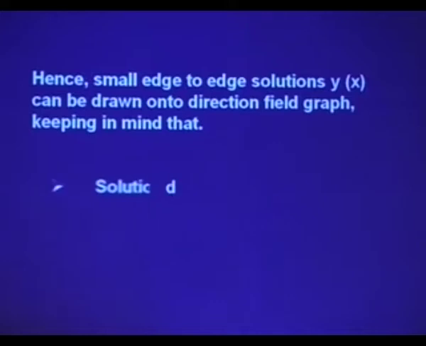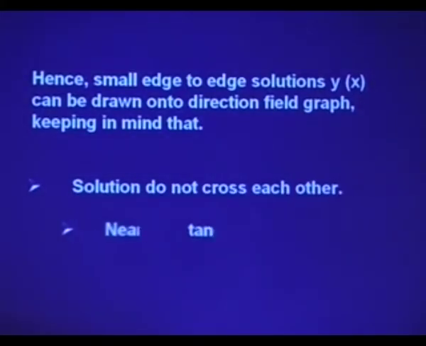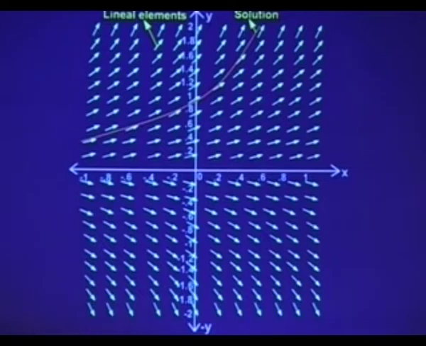One, that the solutions do not cross, and second, that nearby tangent lines should match. Thus, this nearby tangent is matching here at the point of tangency, and we have drawn it like this one.